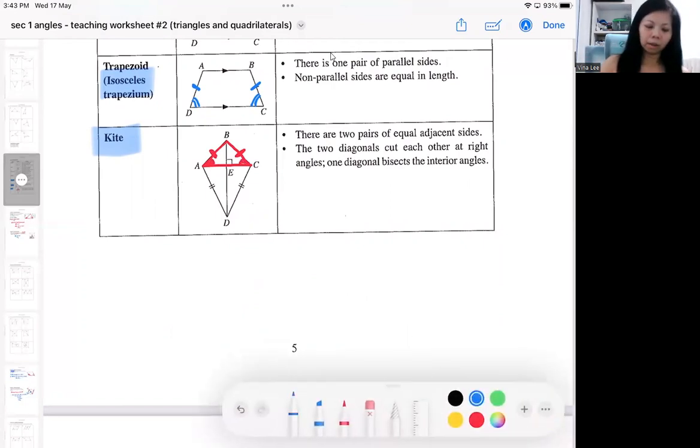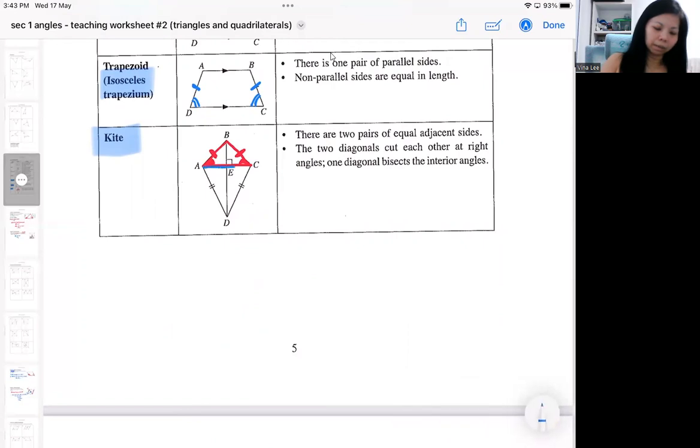Then there is another isosceles triangle, and the two base angles are the same here. So you visualize the kite as two isosceles triangles, maybe a smaller one and a bigger one.